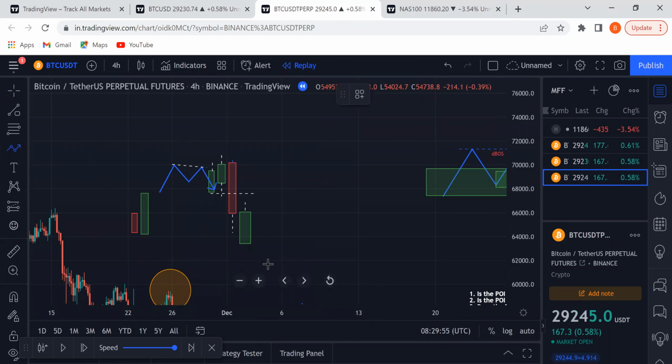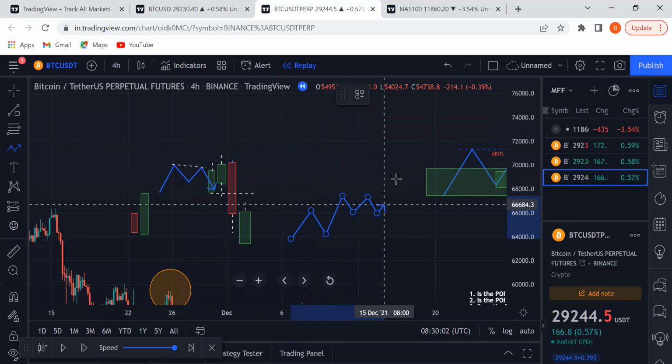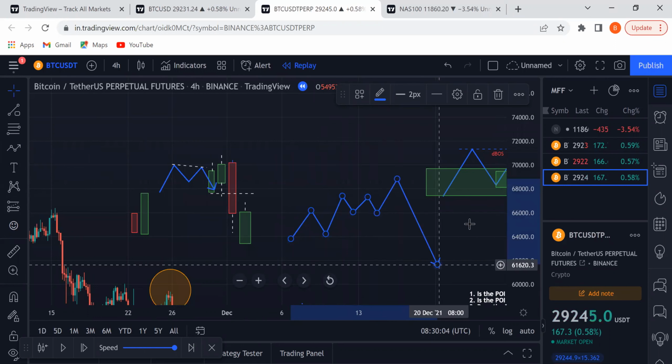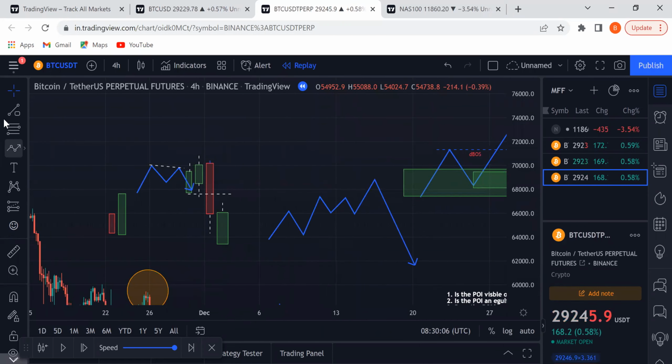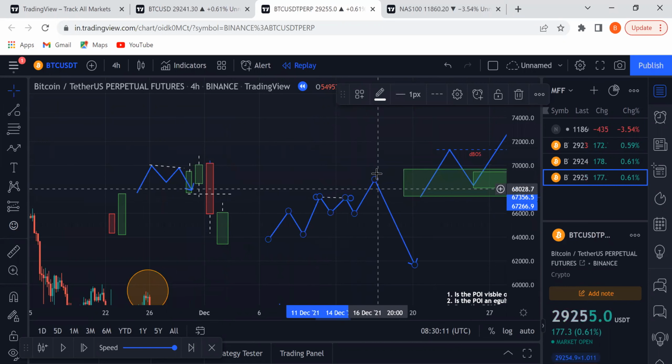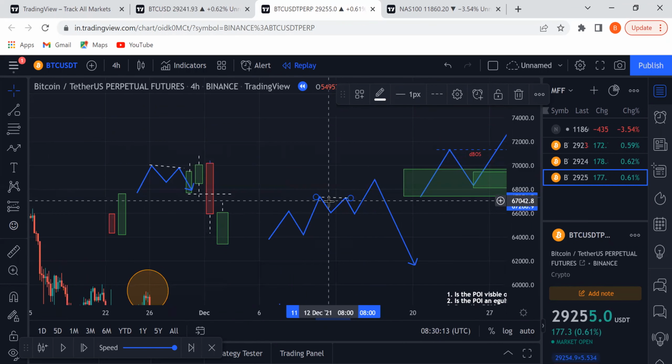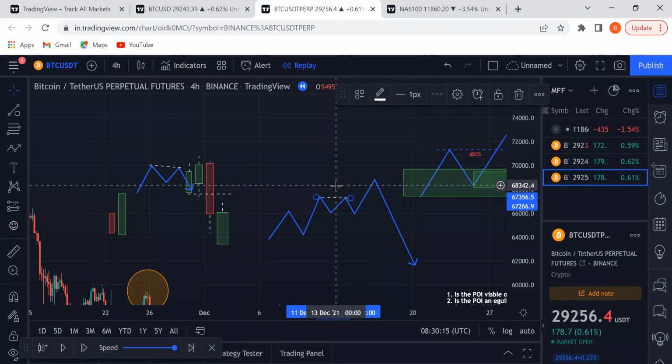Let me use direct paths. If you have something like this, right? This is an equal low, and an equal high here, and your POI is around this point. It has already swept all the liquidity above this equal high.